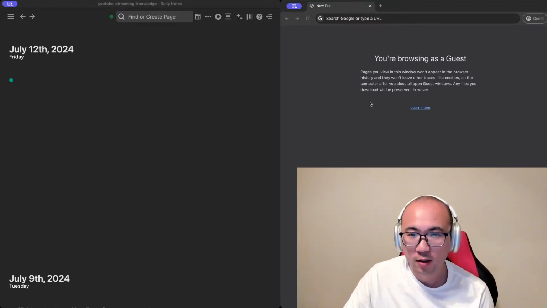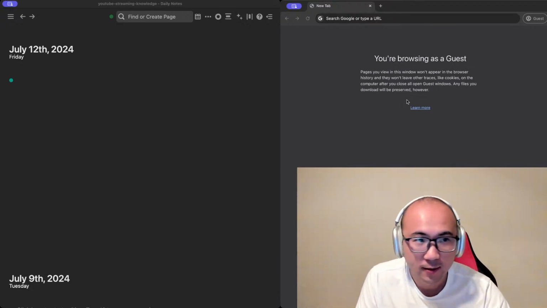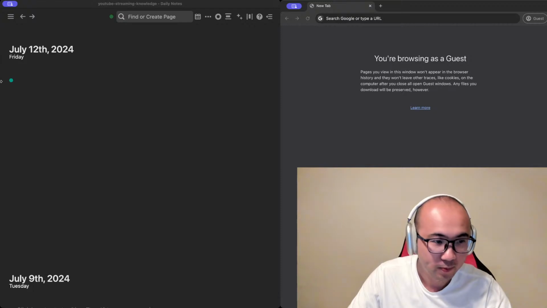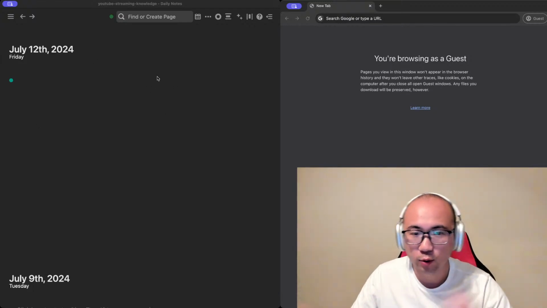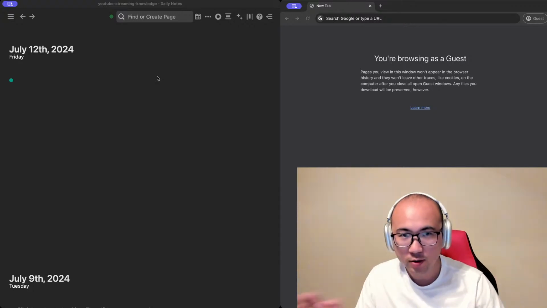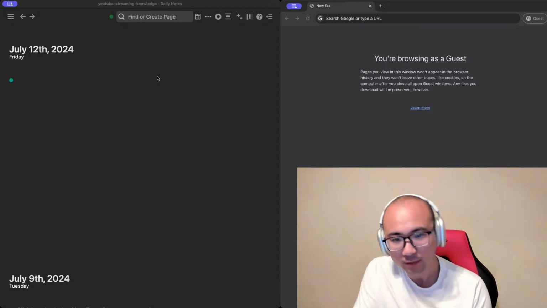So today it's a little bit different. I'm showing two different applications. On the left side is RoamResearch and on the right side is Chrome.